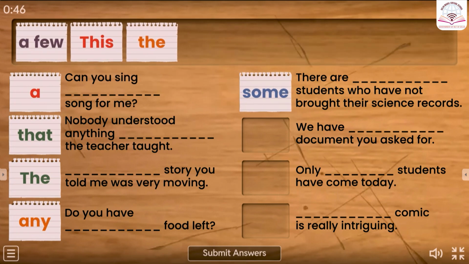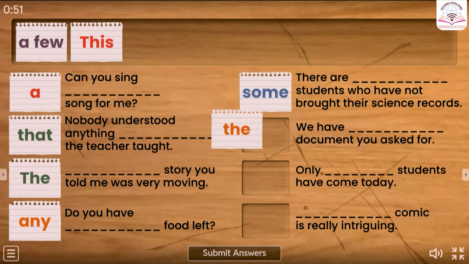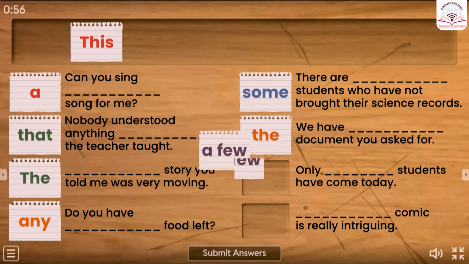Coming to the next sentence, we have dash document you asked for. Here again we are talking about a specific document. So I will pick the. Only dash students have come today. I will go with a few.